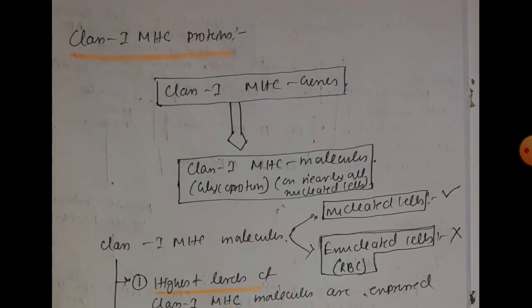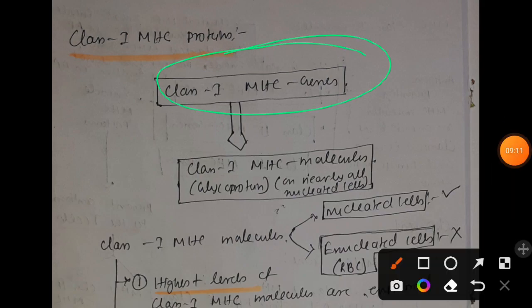So class 1 MHC protein is coming from where? Class 1 MHC proteins are coming from class 1 MHC gene, right? That is very clear. Now these class 1 MHC proteins, remember, are glycoproteins, and this class 1 MHC molecule is expressed on nearly all nucleated cells.